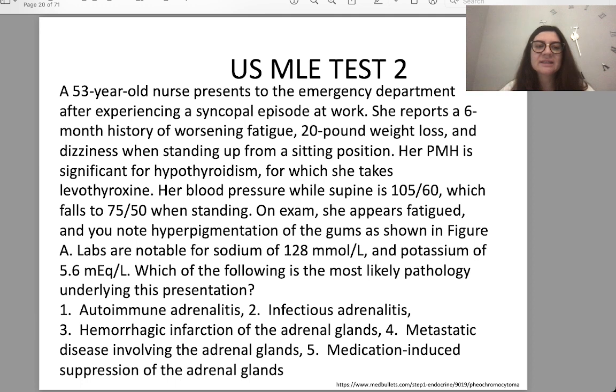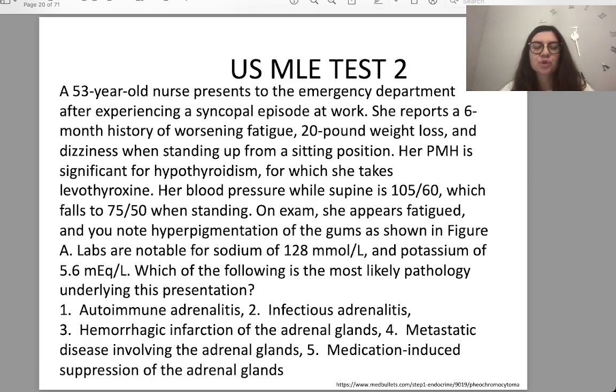Her PMH is significant for hypothyroidism, for which she takes levothyroxine. Her blood pressure while supine is 150 by 60, which falls to 75 by 50 when standing. On exam, she appears fatigued, and you note a hyperpigmentation of gums as shown on figure. No, it's no figure here, but it is hyperpigmentation of gums.